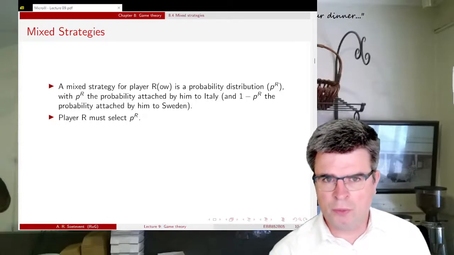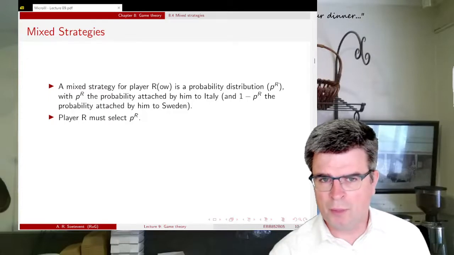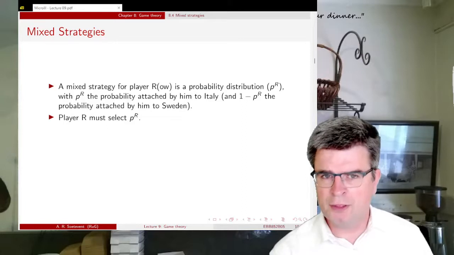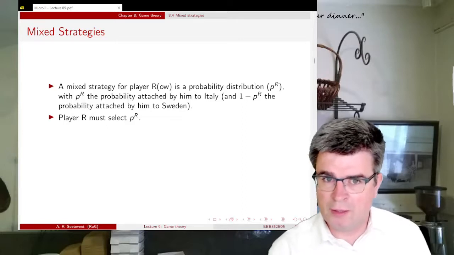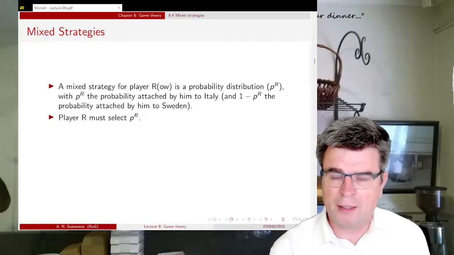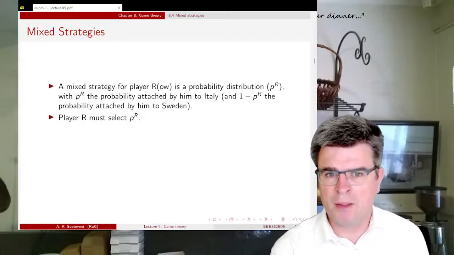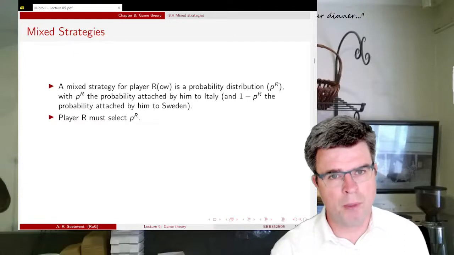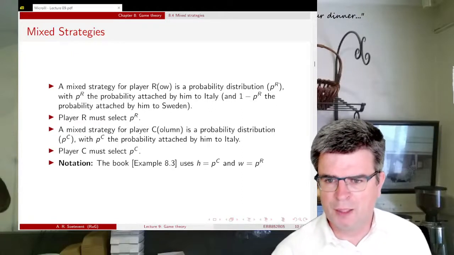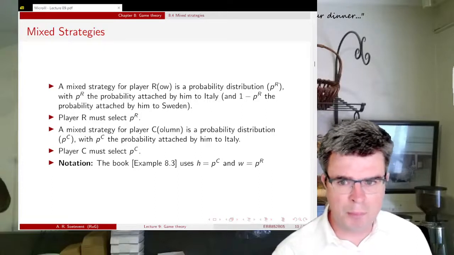So what the row player now must do, we leave the realm of the pure strategies. So it's no longer between choosing Italy or Sweden with certainty, but the row player has to select PR, the probability with which he will play Italy. So that's the decision variable. And the same for the column player.